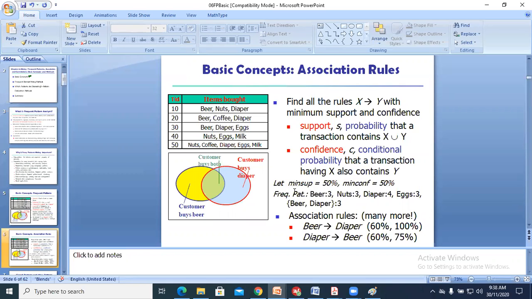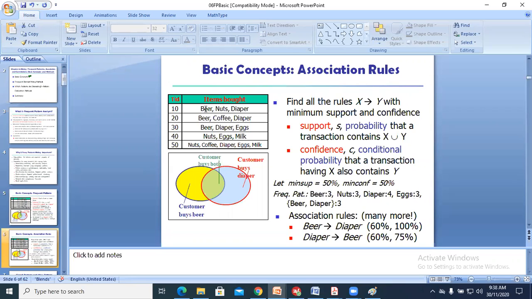So what we will have to find the frequent pattern is, in fact, we see that beer is purchased 3 times, nuts are purchased 3 times, diapers are purchased 4 times, and eggs are purchased 3 times.